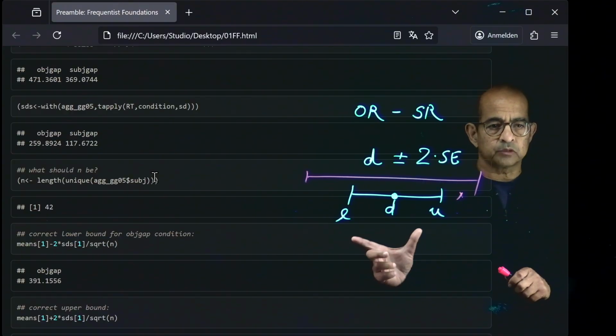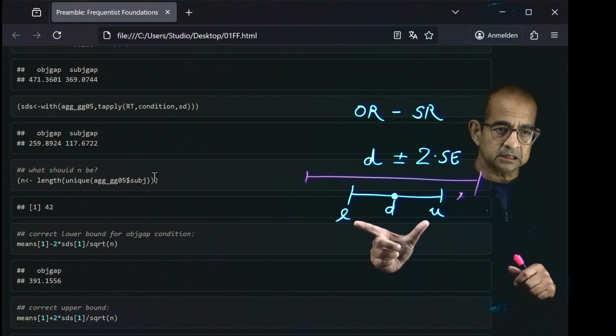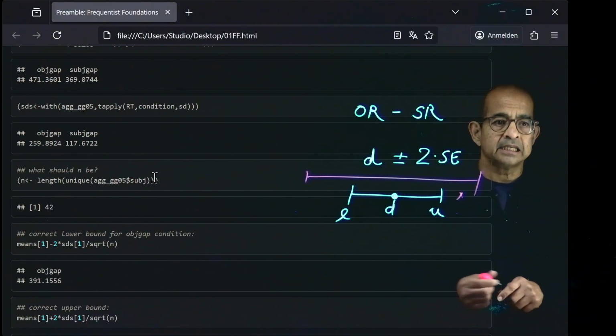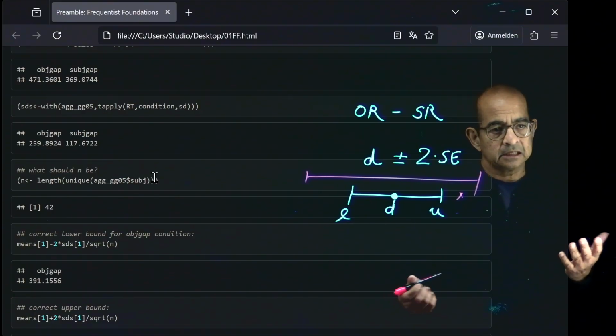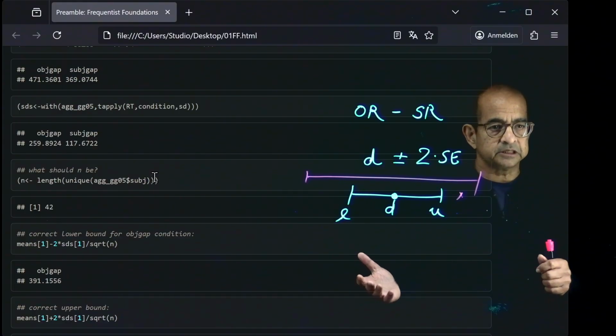One side note that I want to make here is that people often use the Bayesian 95% credible interval in this manner to carry out a hypothesis test. This is technically not correct unless you know the frequentist properties of the Bayesian credible interval.